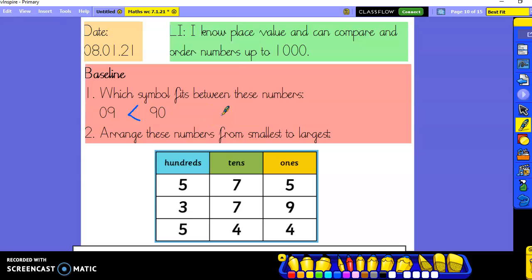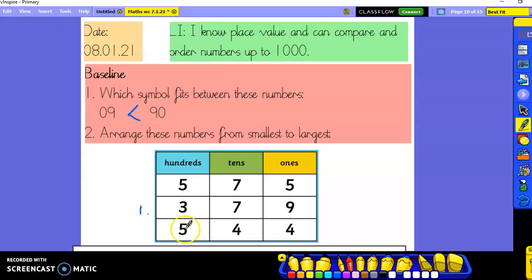Excellent. Question 2 then. Arrange these numbers from smallest to largest. So we could just put the smallest one with a number 1, then a number 2, then a number 3. So let's find the smallest number here. First we look down the hundreds column to see which has got the smallest value. And we can see there that the 3 is the smallest of those 3 numbers. So that can be number 1. That's our smallest number.